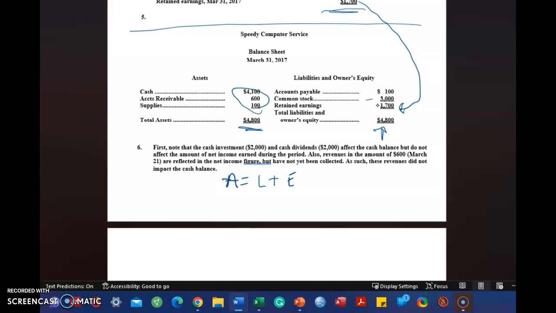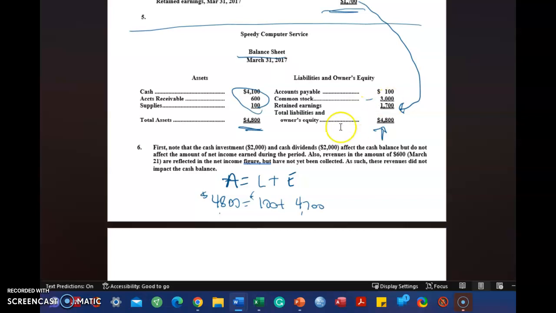Total of our assets is 4,800. Our only liability in this particular company at this time is $100. And equity is 3,000 plus 1,700. So $100 and $4,700 is obviously 4,800. So they're equal. And our balance sheet is balanced.